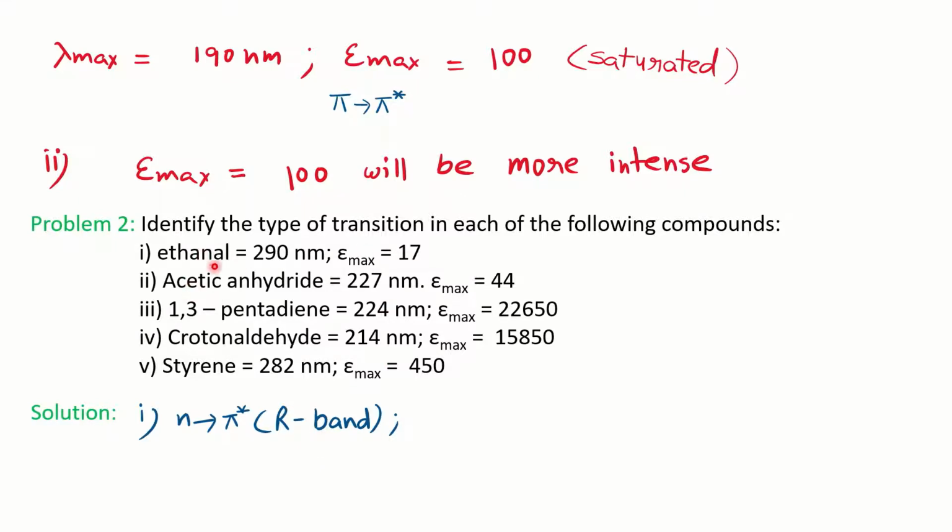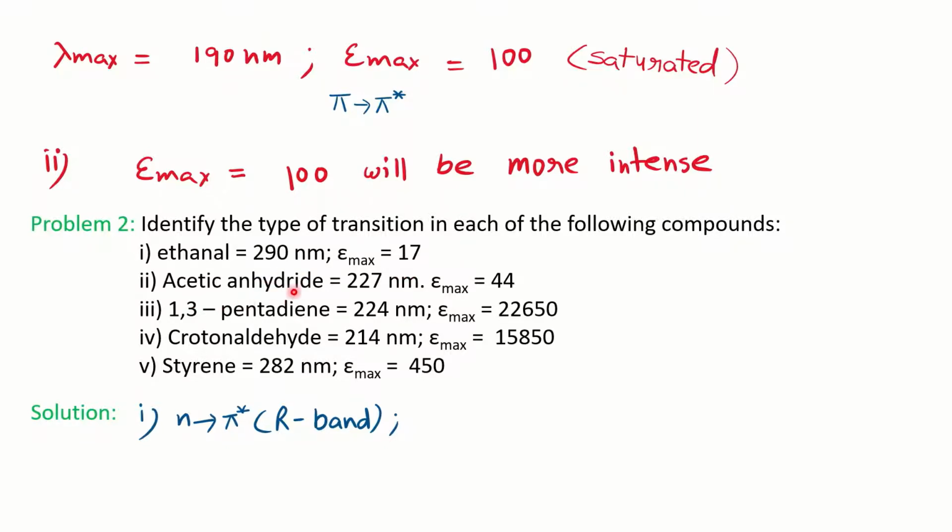So first you have to find out the functional group. If a heteroatom is present, just look at the intensity here. The epsilon max value tells you the intensity. If it varies from 10 to 100, that is a forbidden transition.